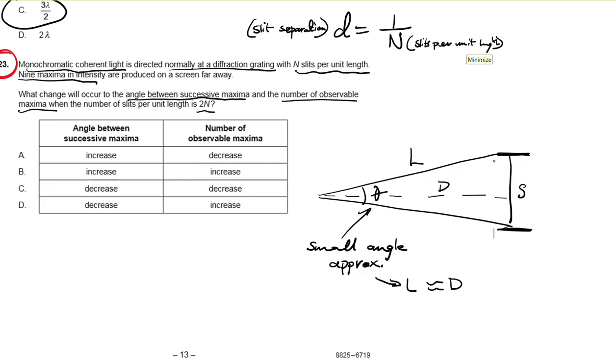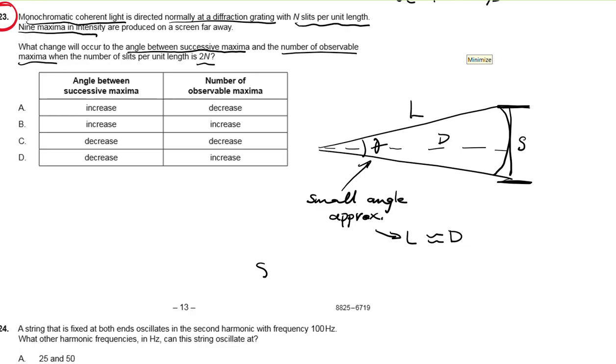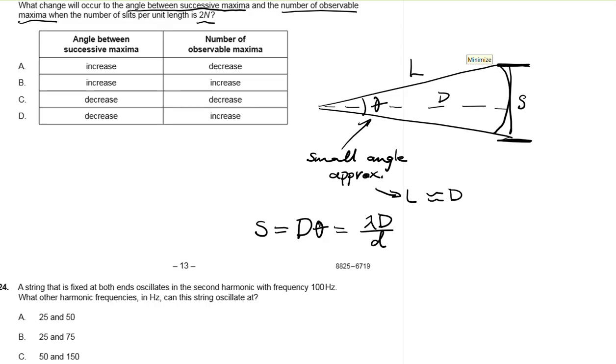We can use that as well to approximate. Arc length, s is equal to r theta, and here r is L, which is roughly equivalent to D. So we say D theta. And we also have s is equal to lambda D over d, from our formula book.